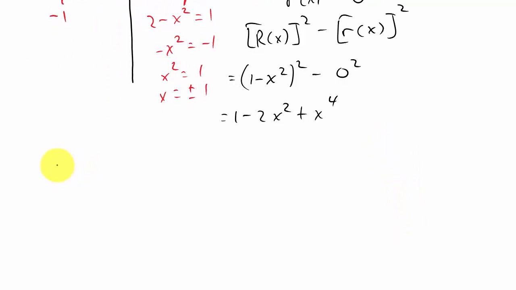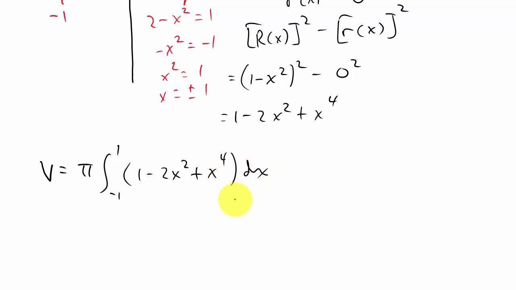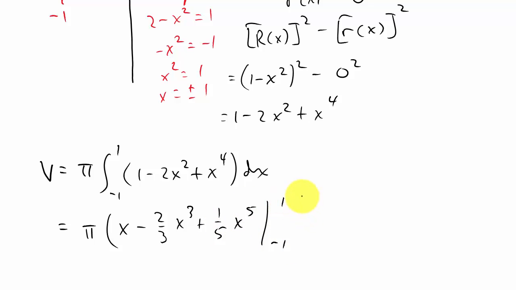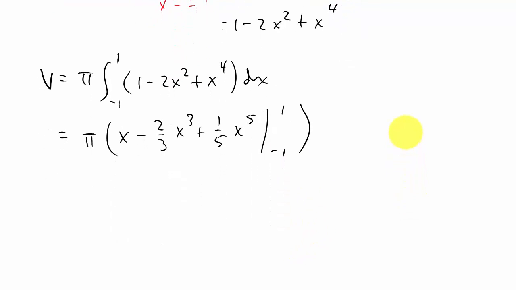So my volume, and don't forget your pi, is pi times the integral from -1 to 1 of 1 minus 2x squared plus x to the 4th, with respect to x. When I integrate this, I get pi times x minus 2/3 x cubed plus 1/5 x to the 5th, evaluated from -1 to 1.